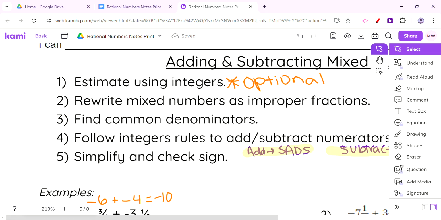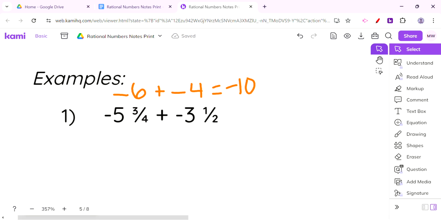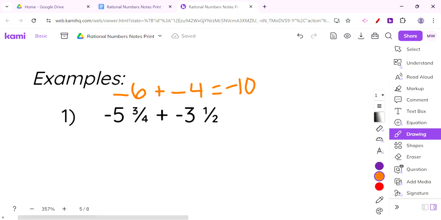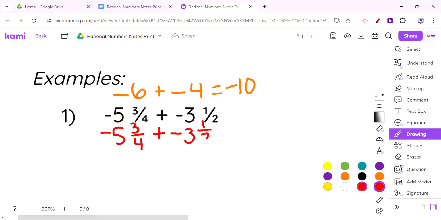Okay, so then step 2 says we want to rewrite mixed numbers as improper fractions. Before I rewrite using improper fractions, I'm actually just going to rewrite this in general because I don't like the way that it looks right now. So -5 3/4 plus -3 1/2. I would just prefer to look at the fractions without the slashes. Okay, so now we can change these into improper fractions.